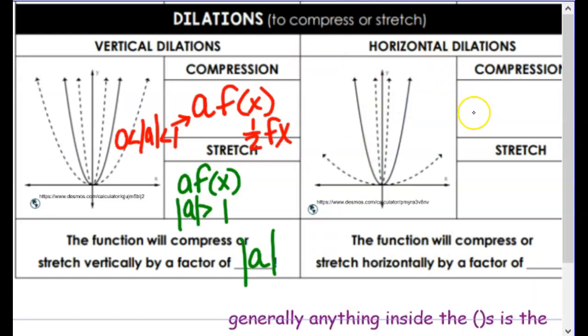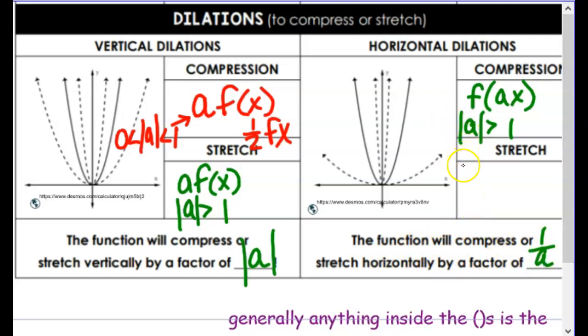So let's go back here and write a compression is inside, and it's when a is greater than 1. So f of ax, and a is greater than 1. So we'll compress by 1 over a. We'll compress or stretch by a factor of 1 over a. It's the reciprocal.